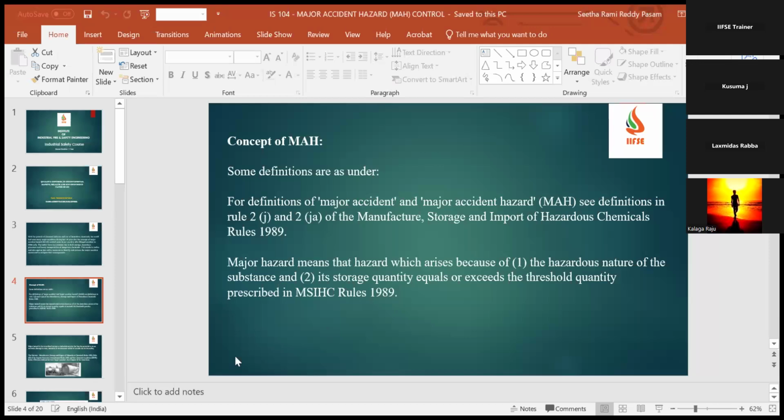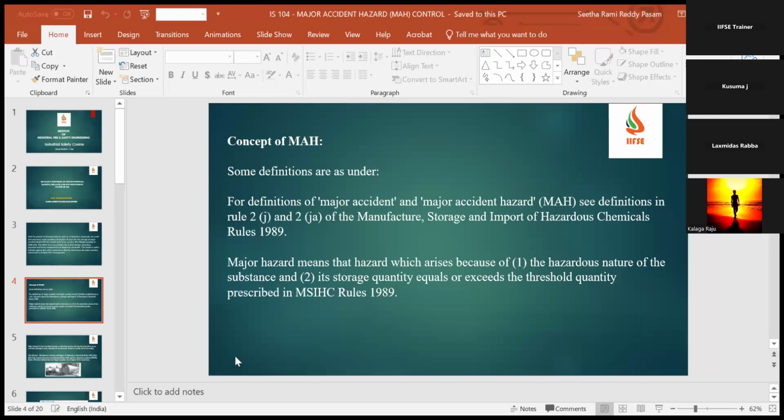Threshold quantity means, if I say any chemical, chemical A, it should be a maximum of 10,000 KL or 1,000 KL. You should not exceed that limit. If you are exceeding that limit, it is in a major hazard or major accident zone. This is the definition in the MSIHC rules, rule number 2(j) and 2(ja).